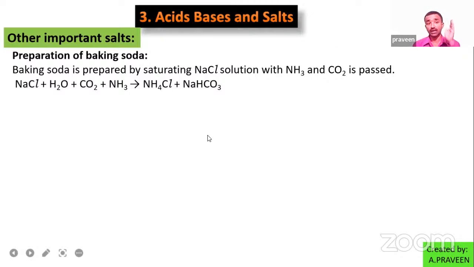So baking soda is produced using the NaCl solution and the two gases, ammonia and carbon dioxide. Then, what are the applications of this sodium bicarbonate?